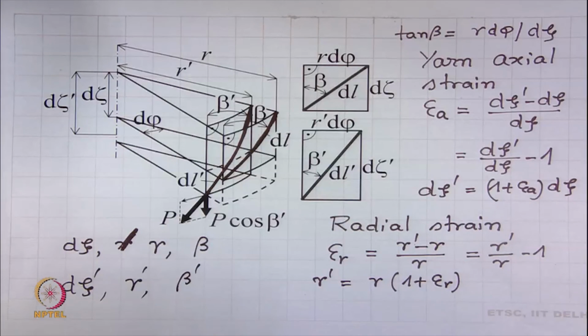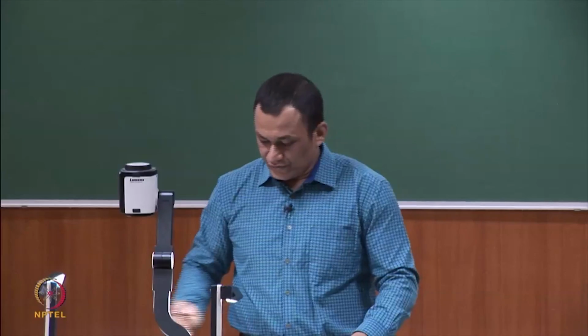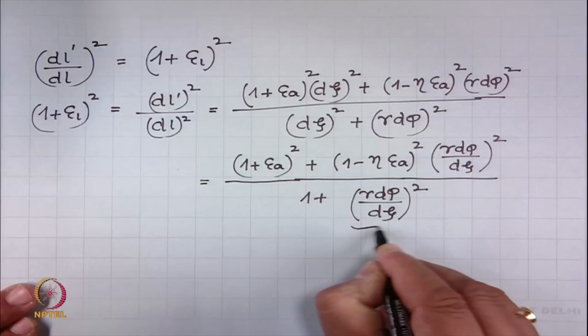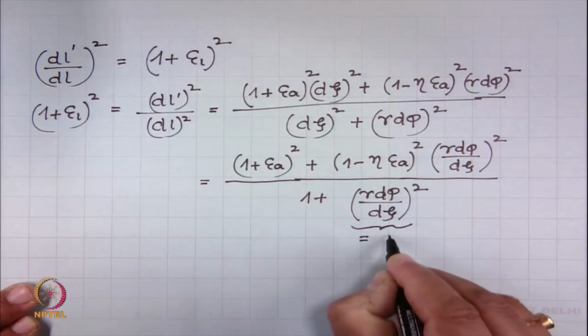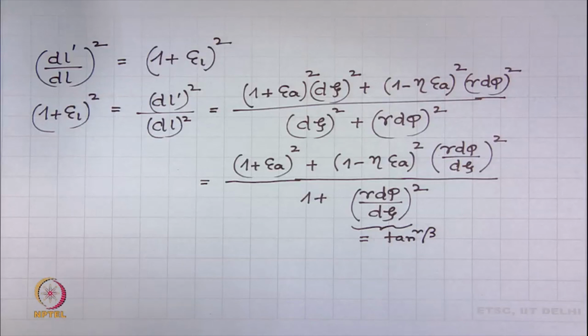So, r times d phi divided by d zeta is equal to tangent of beta. So, this quantity is equal to tan square beta, right. So, we substitute this.